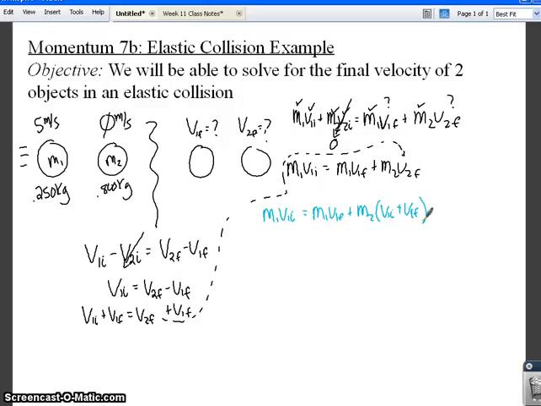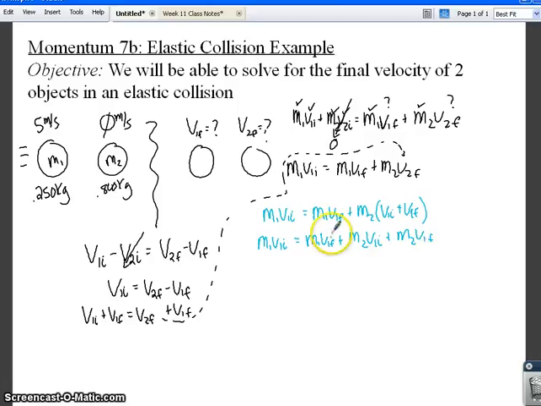I'm going to distribute this: m1 v1I equals m1 v1f plus m2 v1I plus m2 v1f.